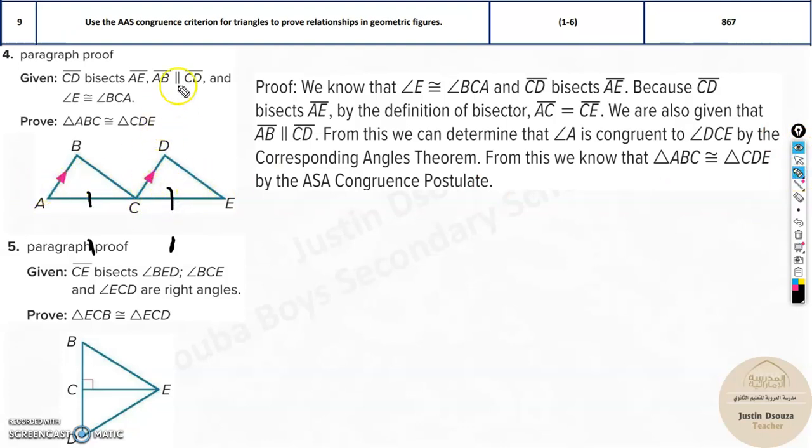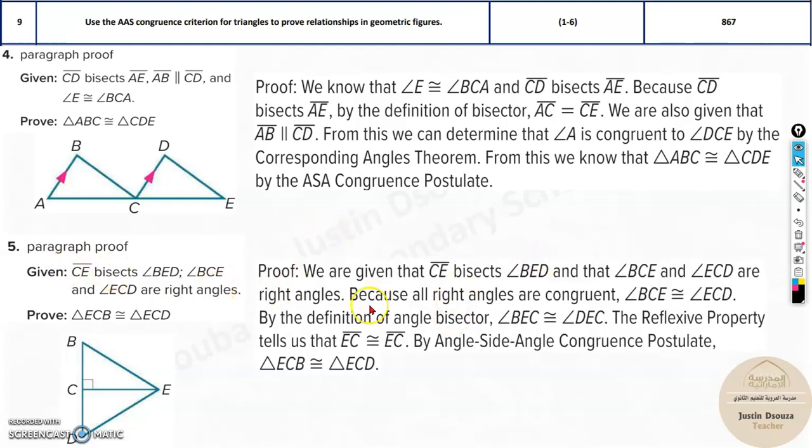Then find the remaining angle. They have told us angle E is equal to angle BCA. Then we have parallel lines, and we can easily find these two are congruent because of corresponding angles. You need to see what is given, and then see what can be solved, so that you can easily prove them congruent.